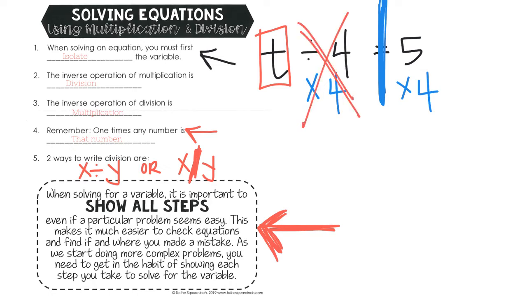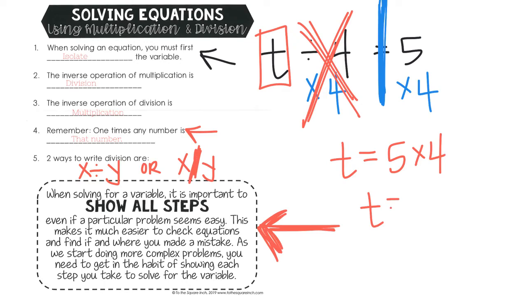So that divided by 4 and that times 4 on the left-hand side is gone. What I'm left with is t equals 5 times 4. And 5 times 4 equals 20. Some of you are probably like, what? But if I go back and put 20 in for t, 20 divided by 4 is 5.